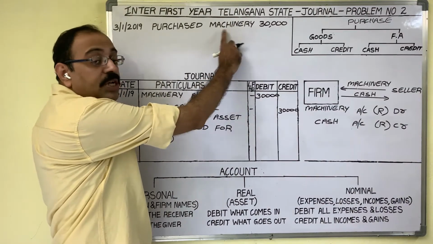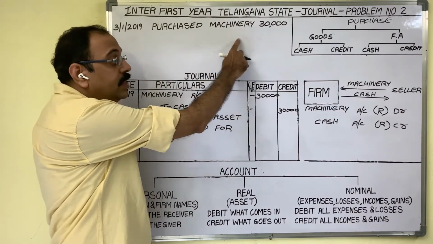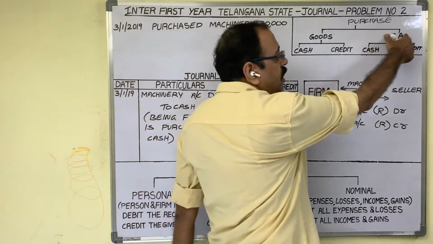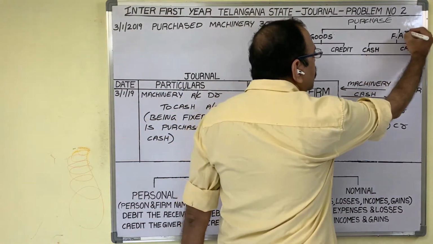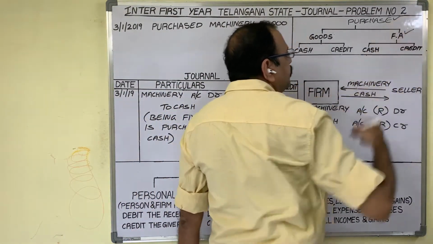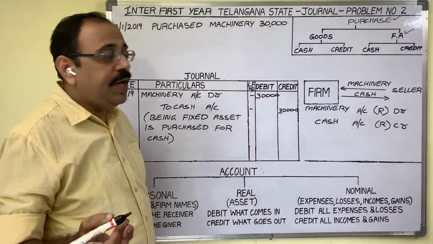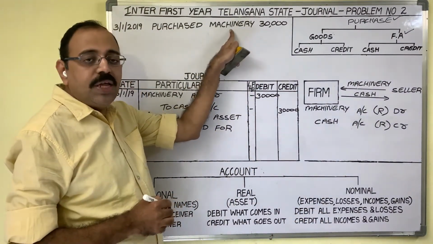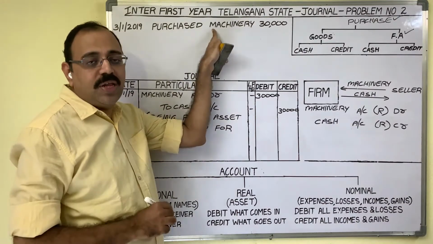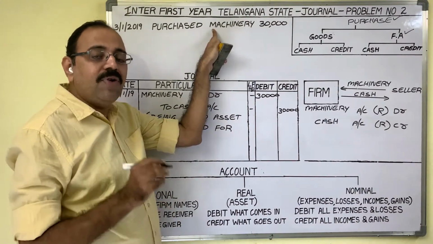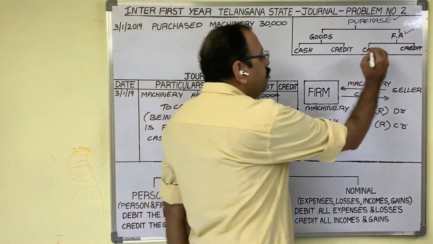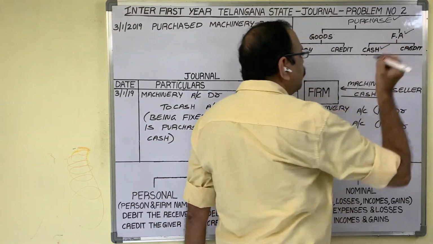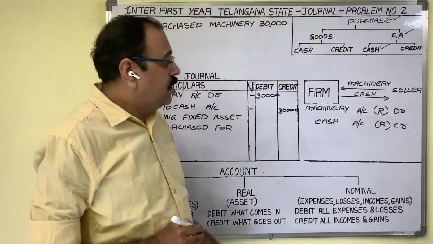Machinery, furniture, building, land, they come under fixed assets. The firm purchased a fixed asset. For cash or credit, a person name is not given. Seller's name is not given. Therefore, our assumption is the firm purchased this fixed asset for cash.